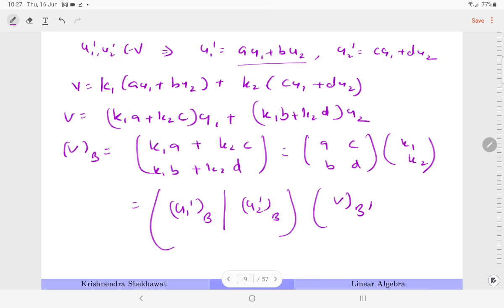So this is the relation where you can see the coordinates of V with respect to basis B can be derived if we know the coordinates of V with respect to B dash. This matrix is denoted as P, which is the transition matrix.